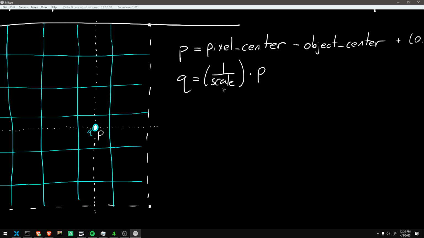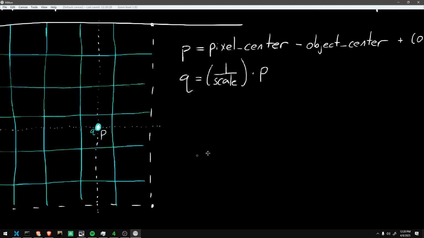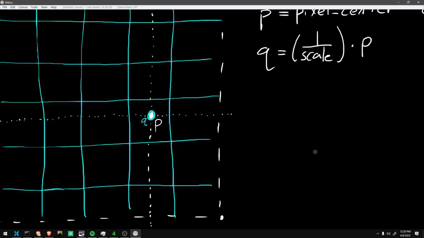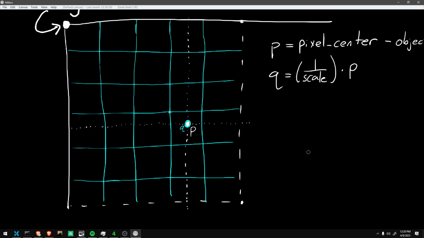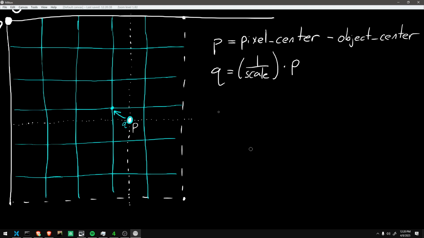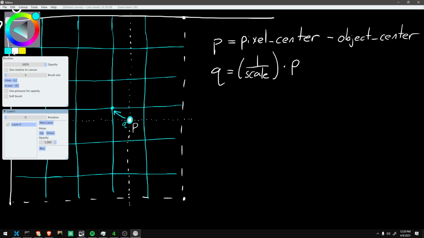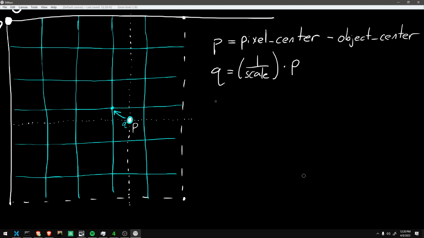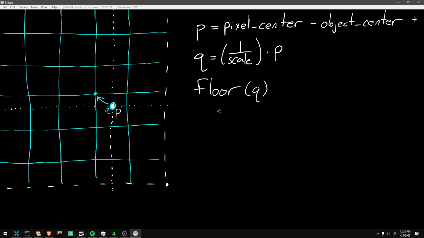Now, the next thing we're going to do is look at Q, like I was saying, rounded down to this point. So this is the floor of Q, right?